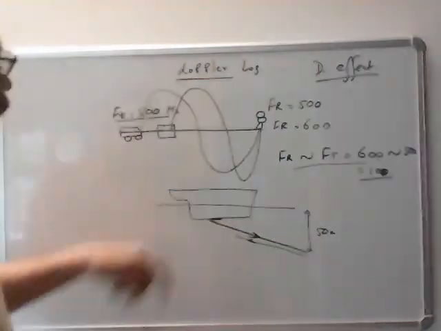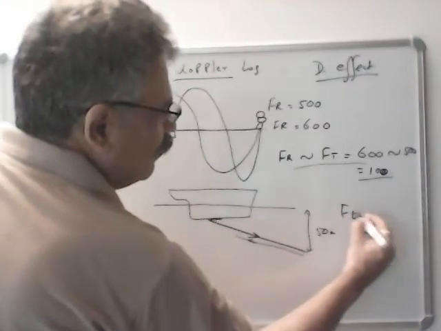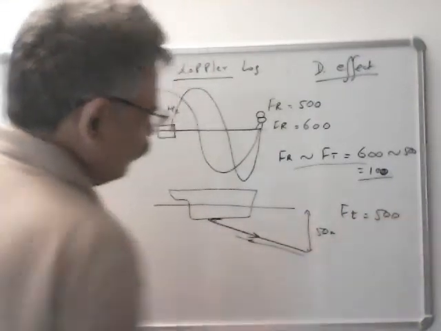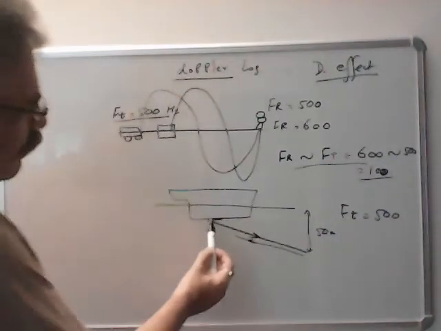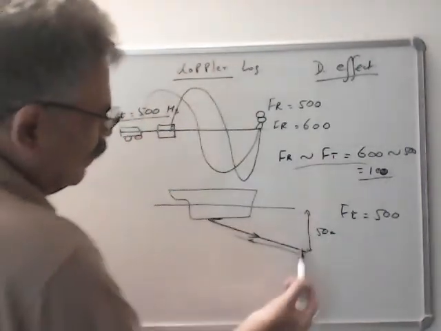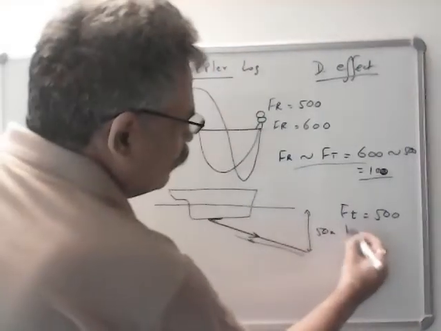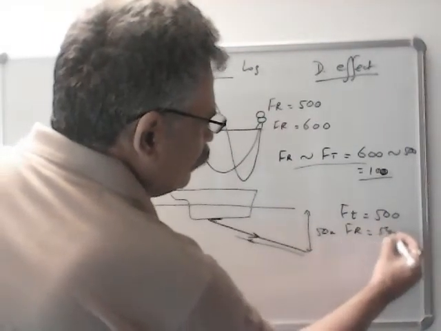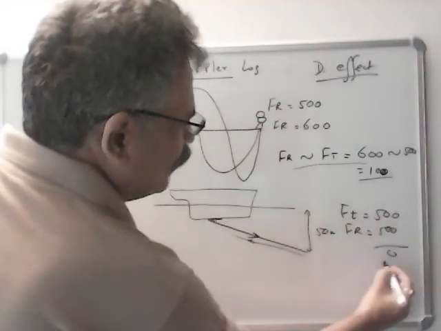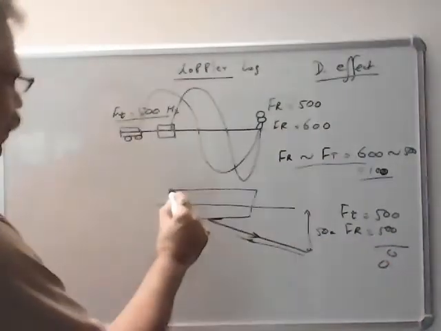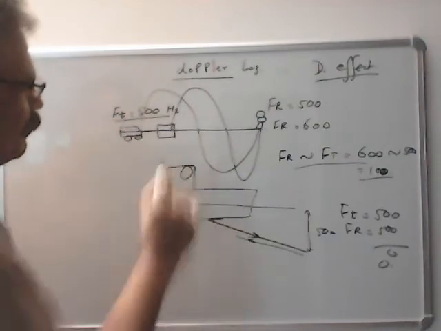Again, frequency transmitted is always known, let's say 500. If the ship is stopped, frequency transmitted is 500 and frequency received is also 500. Difference is 0, so ship speed is 0, which is indicated on the bridge of the ship.